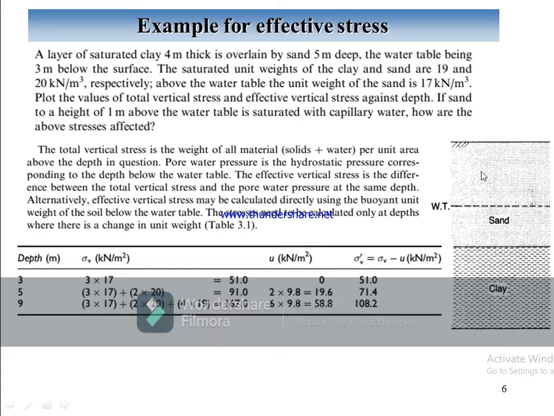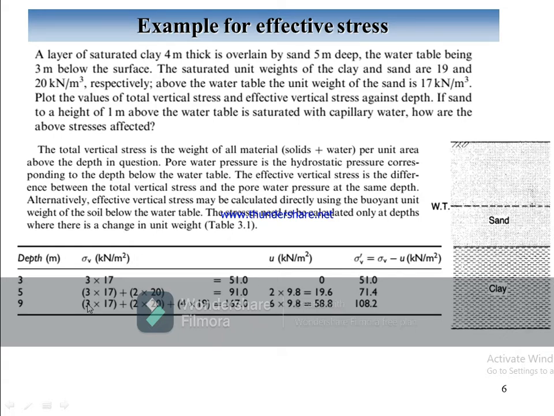At 3 meter we have 0 pore water pressure, but at that point the sand is saturated, which is mentioned here. As it is saturated, we multiply 2 with the unit weight of water, which is 9.8, equal to 19.6. Subtracting this value from 91 is equal to 71, and 71 is the effective vertical stress.